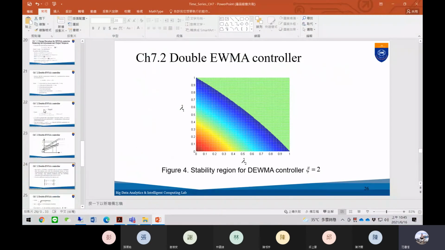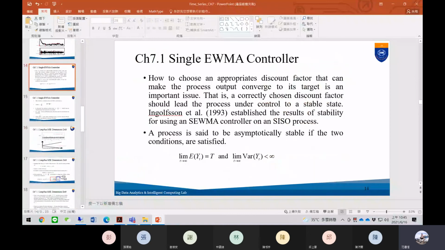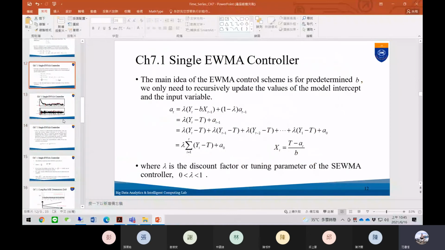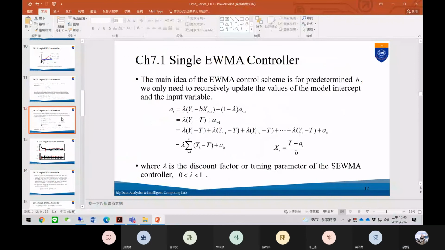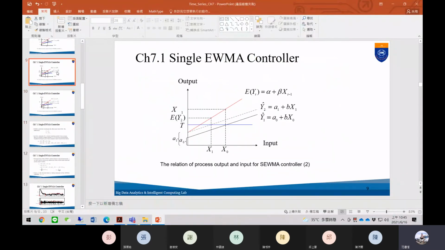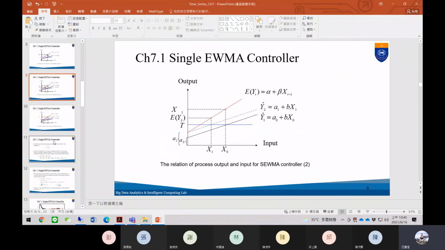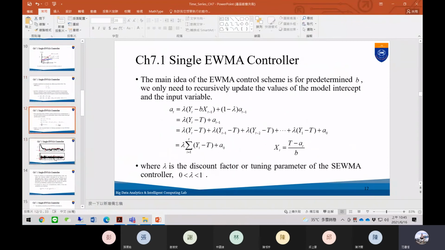Psi is defined like this, right here. What is the psi? Psi equal to 2. Yeah, let me give you a definition.